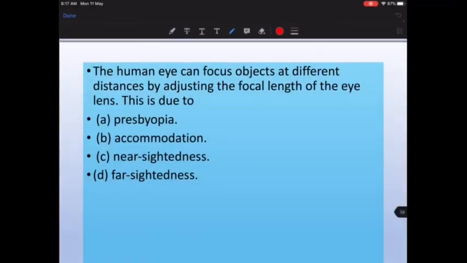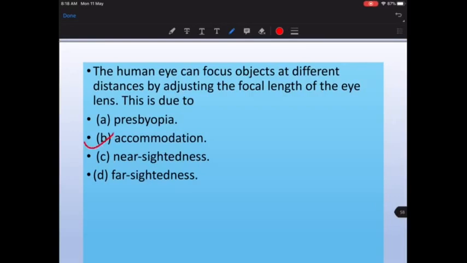These are the questions. The first question is, the human eye can focus objects at different distances by adjusting the focal length of the eye. This is due to, and then 4 options are given. As you know, the human eye is able to focus the objects which are close to our eyes, as well as the objects which are at a certain distance far from us. This is nothing but the power of accommodation of the eyes.